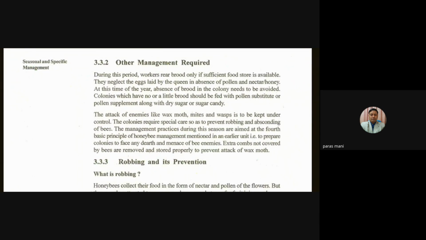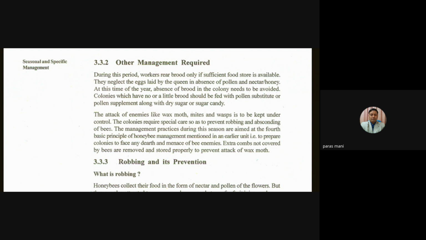And other management required is that workers rear brood only if sufficient food store is available. They neglect the eggs laid by the queen in absence of pollen and nectar or honey.